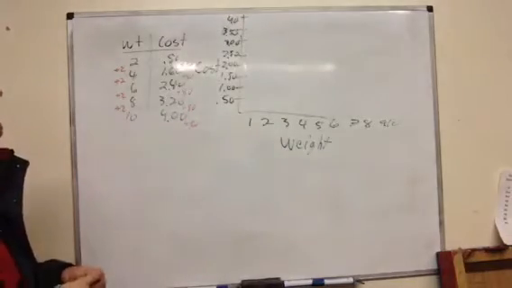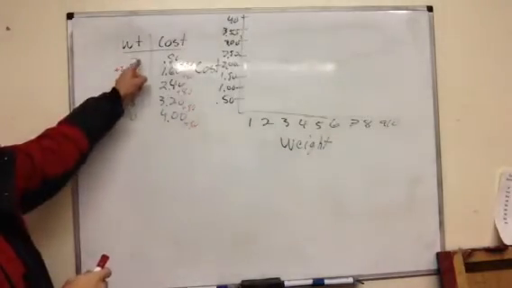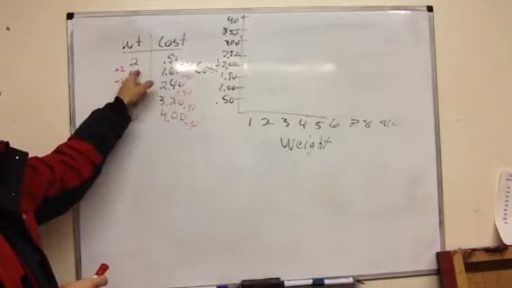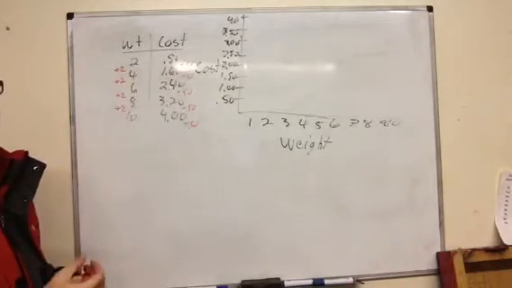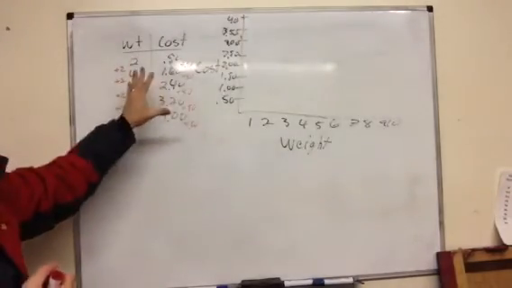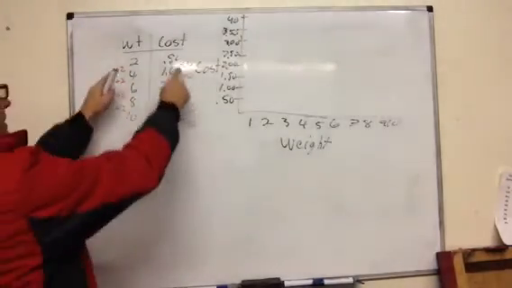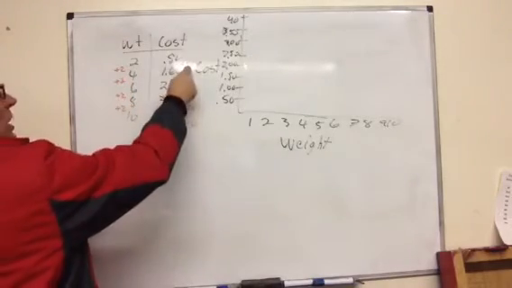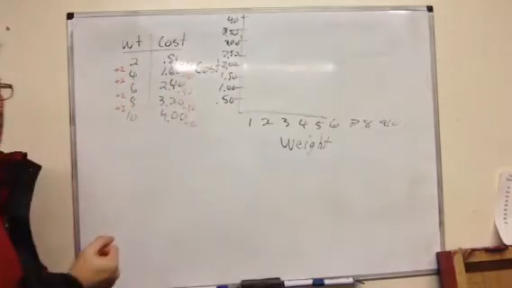So we have a relationship between these. For every 2 ounces it goes up, it's going up by 80 cents. So before we look at anything, it's looking like this is a linear pattern. Because these are consistent. Plus 2, plus 2, plus 2, plus 80 cents, plus 80 cents, plus 80 cents.